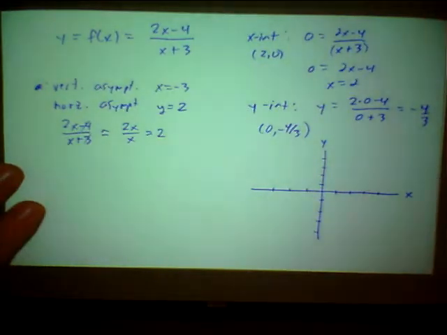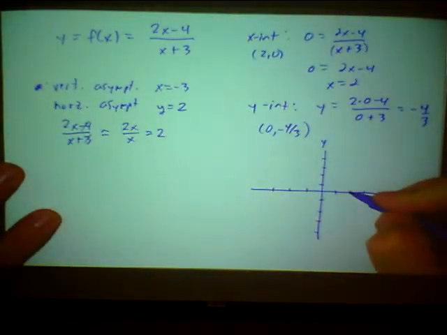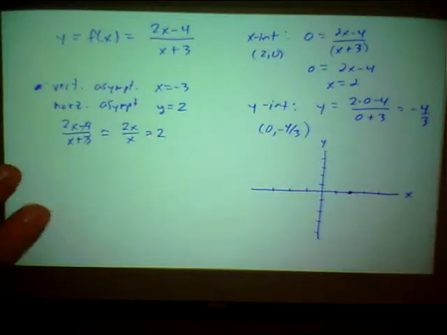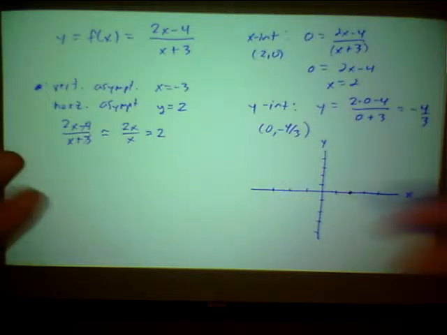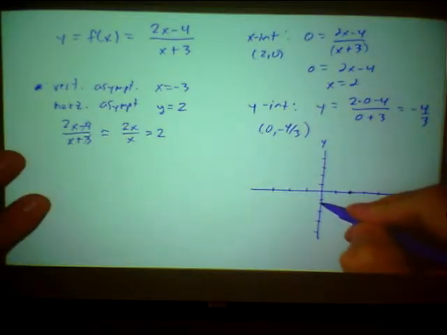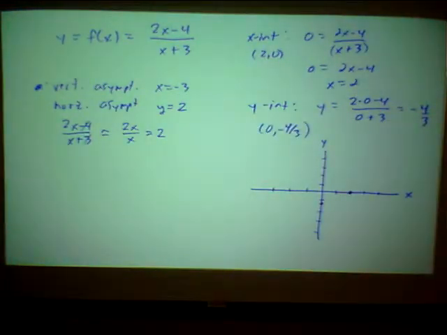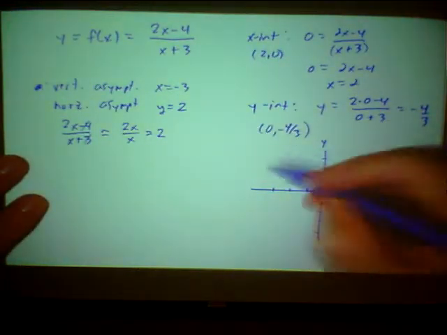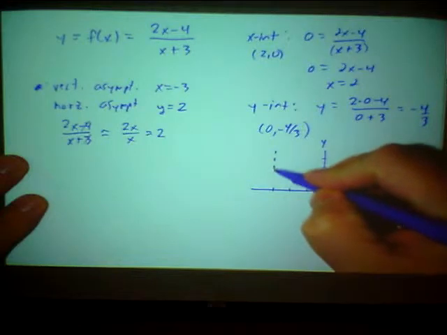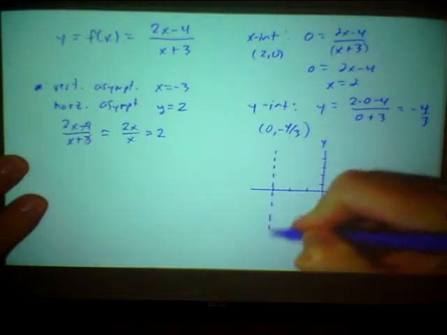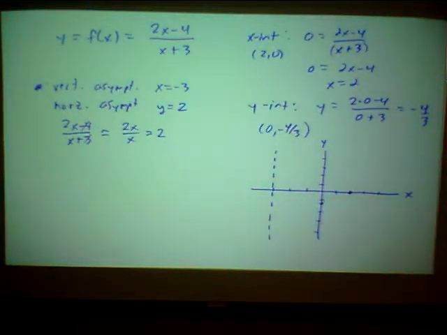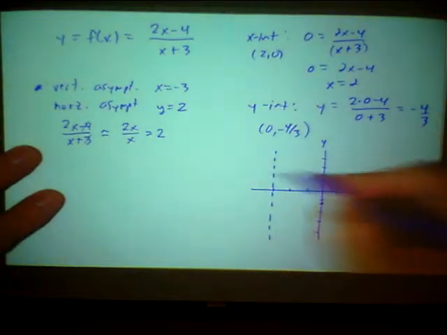All right, x-intercept (2, 0). So I know at that point my graph's going to go through that intercept. Y-intercept (0, negative 4/3), which is about right about here. I have a vertical asymptote at x equals negative 3, and then a horizontal asymptote at y equals 2.